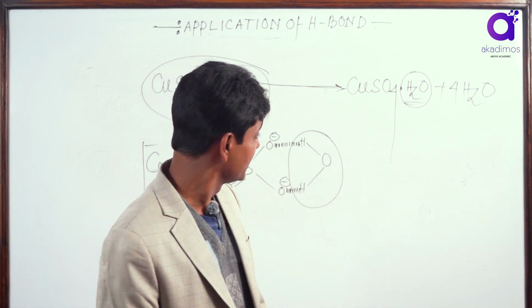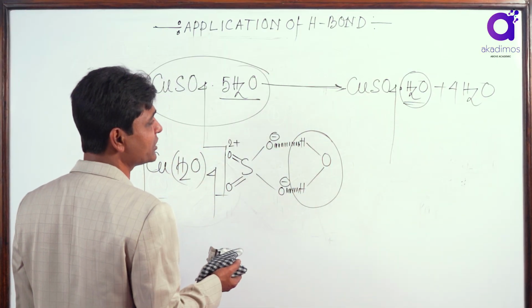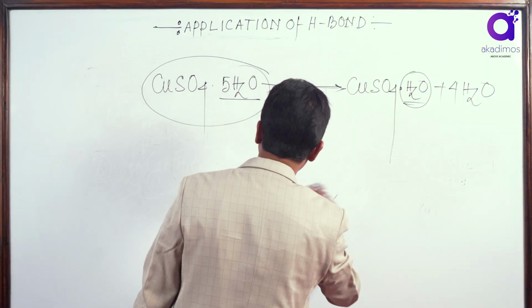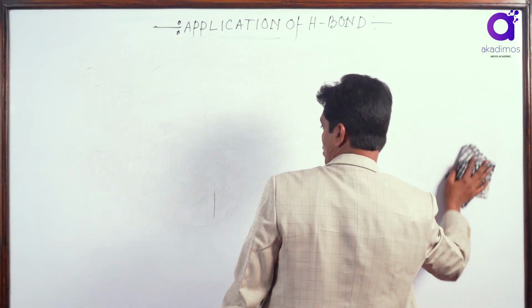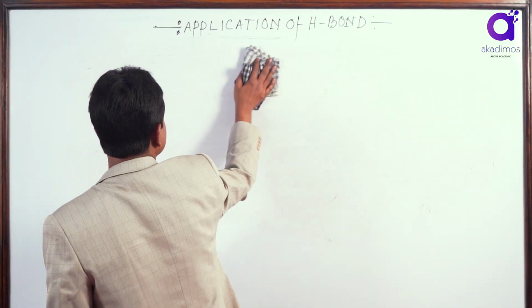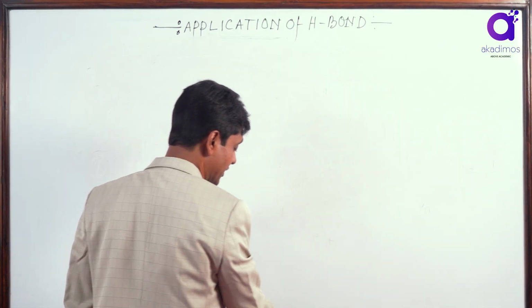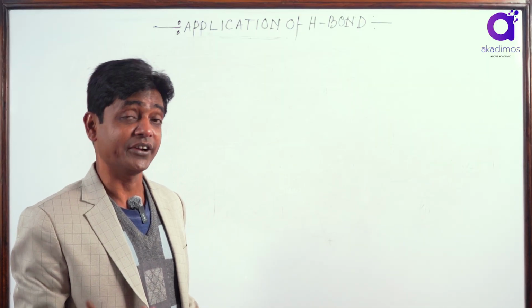The hydrogen bond has an important role. You will get it in different organic chapters, biomolecules, great application of hydrogen bond. Total organic chemistry and biochemistry have applications of hydrogen bond. You know, the unique 3D shape of protein is due to hydrogen bond.